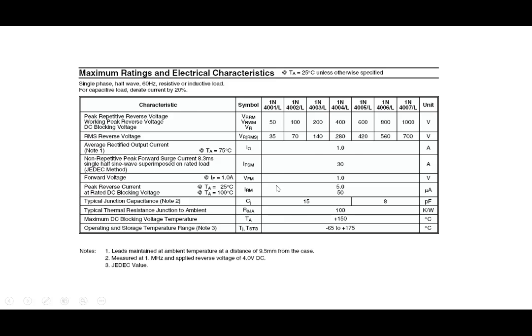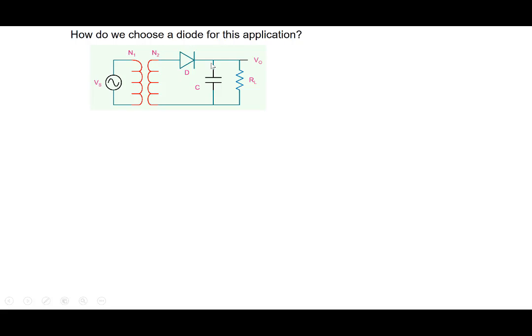So we'll make a choice based on average diode current, peak inverse voltage or peak reverse voltage across the diode, and also the maximum current that may flow through the diode. Based on those considerations, we'll make a choice of an appropriate diode here.